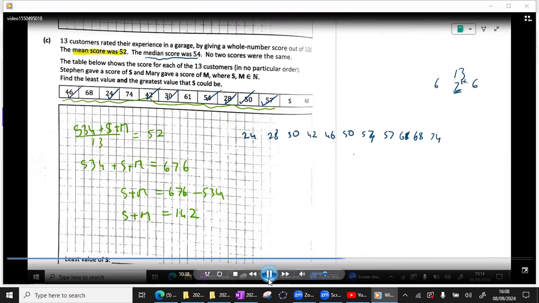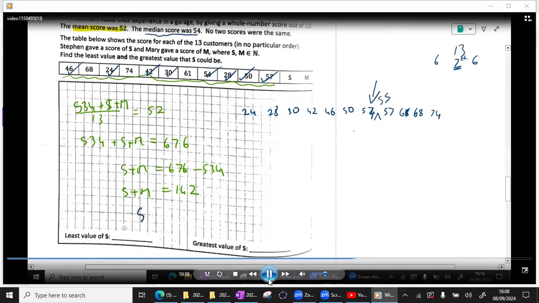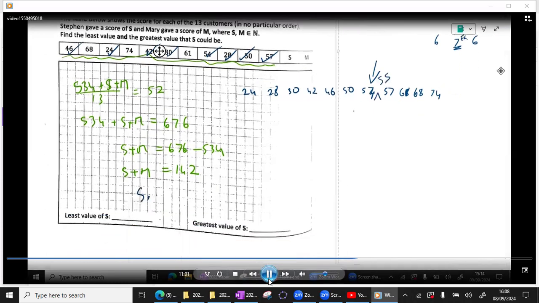So let's see what we have. 1, 2, 3, 4, 5, 6, 7. Now, at the moment, after putting them in order, 54 is bang on in the middle. So that would suggest that the number that I'm missing, the smallest it could be, I guess, would be the next number, 55. The largest it can't be more than 74, because otherwise it would change the median.